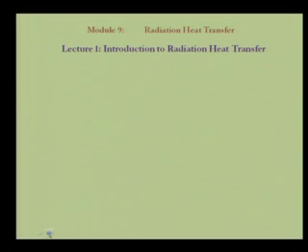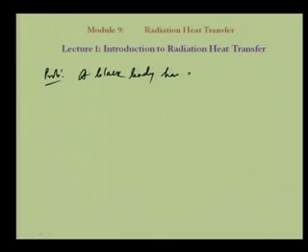Now, a small problem: a black body has a total emissive power EB equal to 6 kilowatt per meter square.